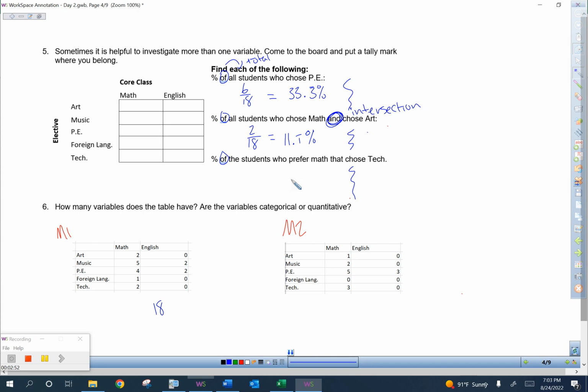This last one here is percent of the students who prefer math that chose tech. So that is another word that's going to show up. I'm going to give you another example here. "That" or "given" are two different words that could indicate that this is a conditional relative frequency, which means we can't use the same totals as we did up there.